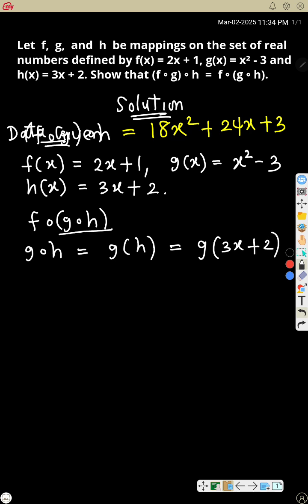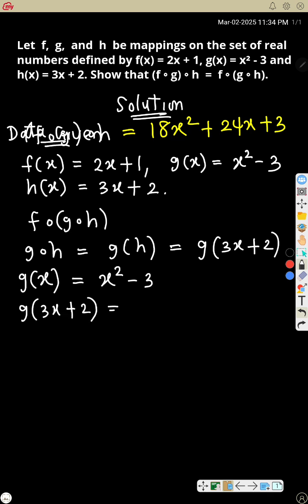And remember the function g of x is equal to x squared minus 3. So anywhere you see x, put 3x plus 2. So I will have 3x plus 2 squared, minus 3.